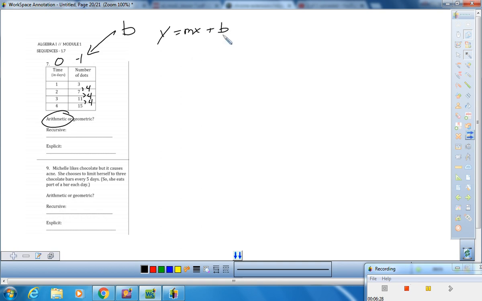M is your slope, b is your intercept, so this is going to be y equals 4x plus -1, or f of n is 4 times n plus -1. 4n minus 1 is a better way to write it. I just don't want to confuse you guys.